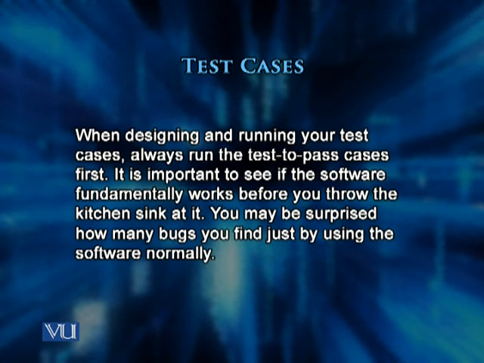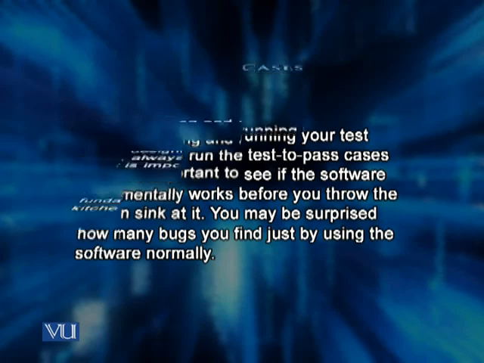And so there are two ways you can perform software testing. One is that you can run tests to pass, and second is that you can run tests to fail, so that you try to break the software. What is suggested is that you should run test-to-pass cases first, so that you can eliminate all those defects which are encountered in the normal execution of the software system.